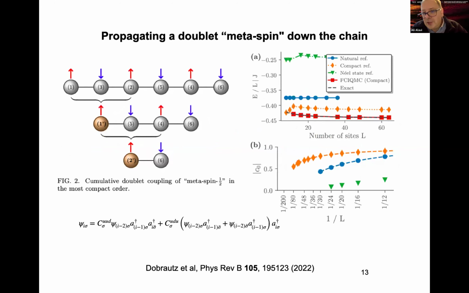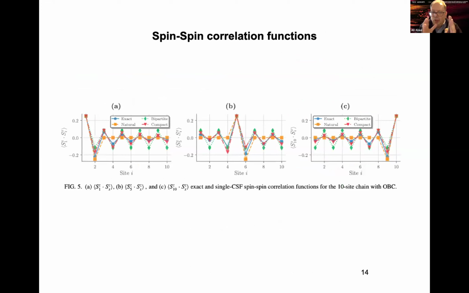In DMRG, you're trying to produce minimally entangled wave functions. Whereas here, it appears that what we're trying to do is, within a single CSF, mimic the long-range entanglement through this reordering trick. So there seems to be some relation to what's going on in these matrix product methods, but it's not the same thing at the same time.